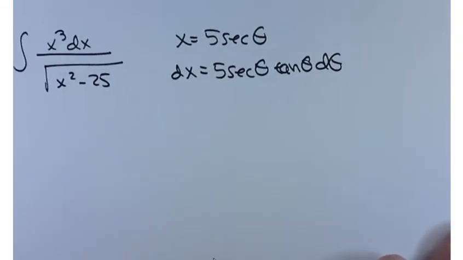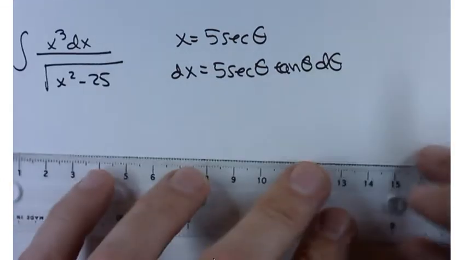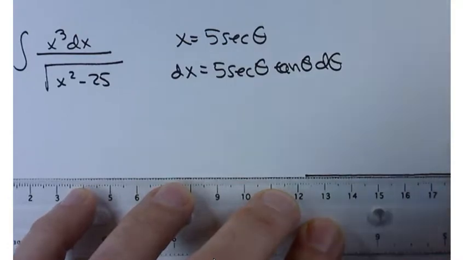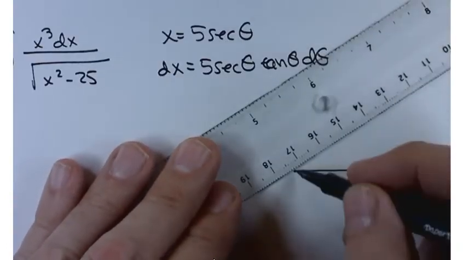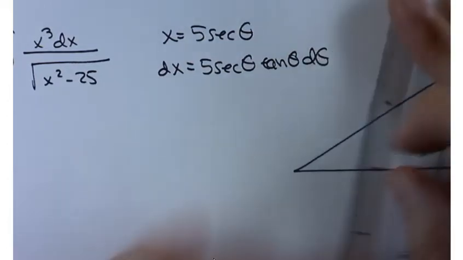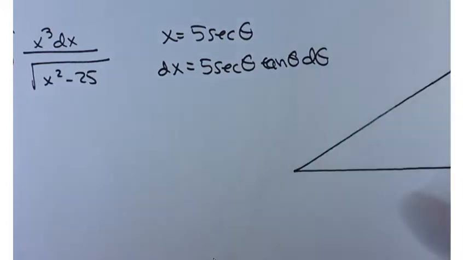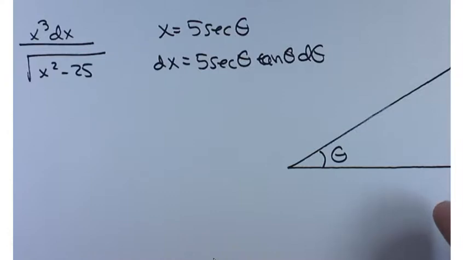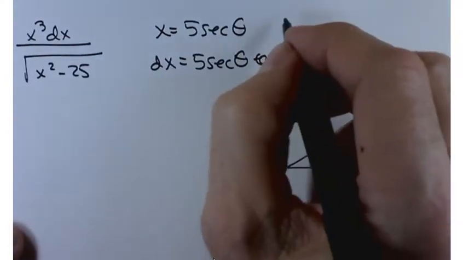Try and make sure that we picked the right one. Okay, so here's theta. So secant of theta is x over 5.